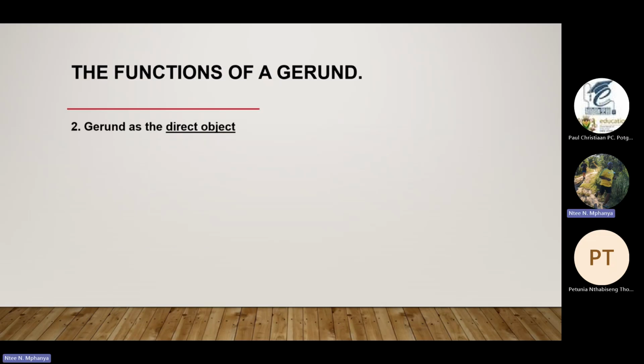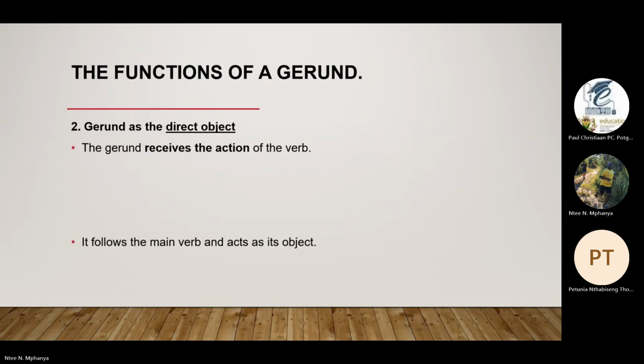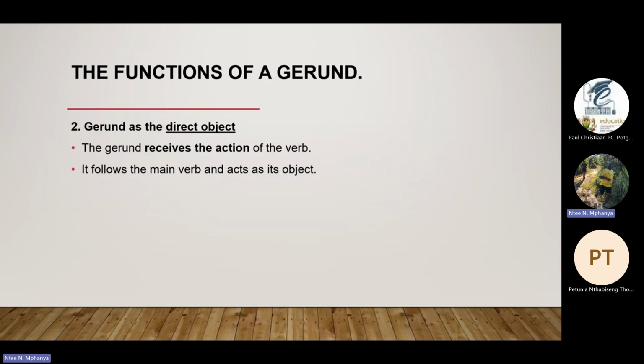Where a gerund acts as the direct object, remember, what's an object? The receiver of the action. The gerund receives the action of the verb, and it follows the main verb and acts as its object. He enjoys cooking for his family.